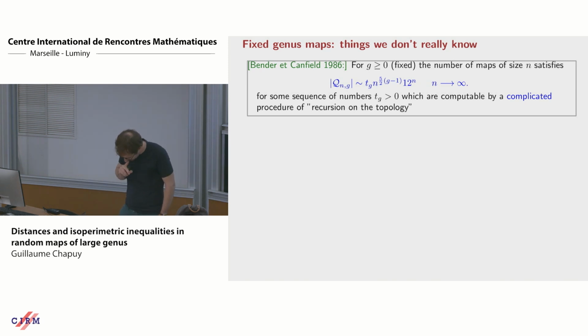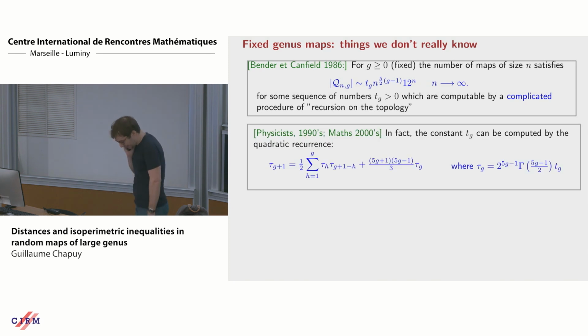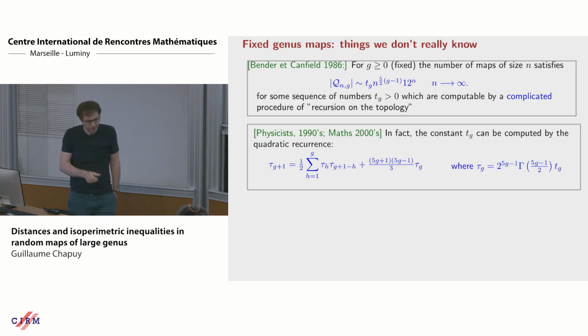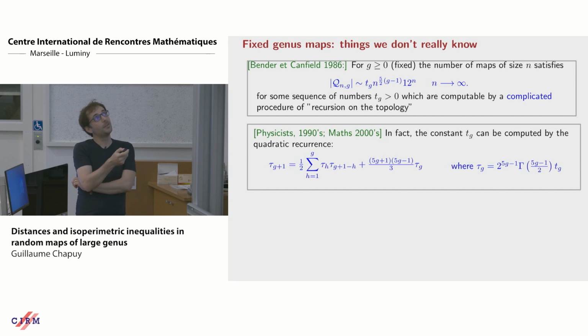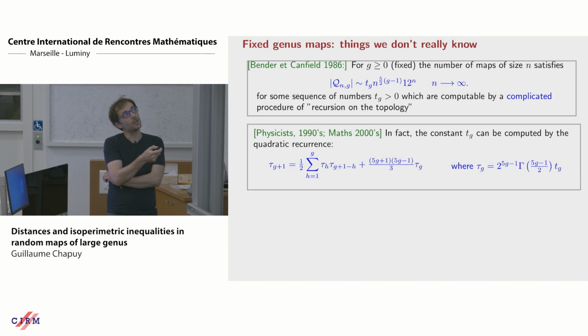But my point is that, in fact, some people can say something. So in fact, these numbers t_g, the numbers that govern the asymptotic growth of maps of very large size for fixed genus, are given by a very simple quadratic recurrence formula, which is here. This comes from a connection between maps and the KP hierarchy.